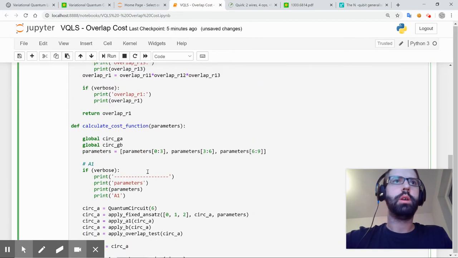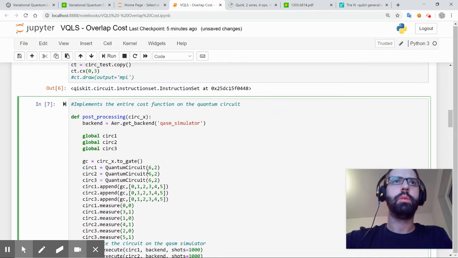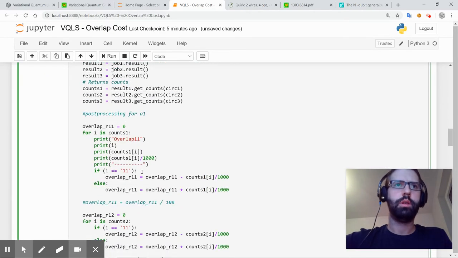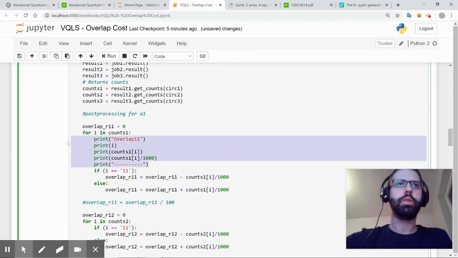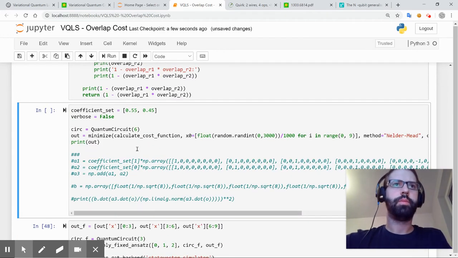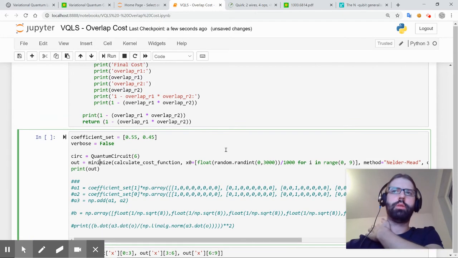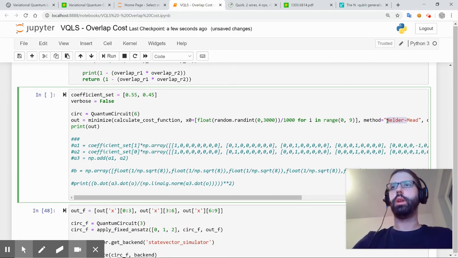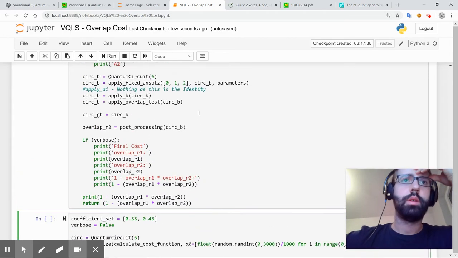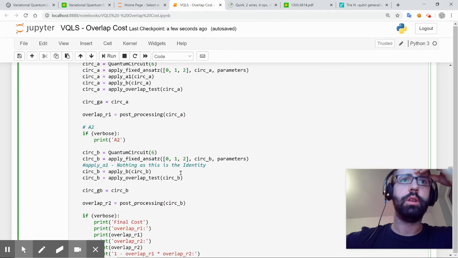Could this be, let me remove these extra prints in here, because now we know this works. And let's try this with verbose false. Creating the circuit, we're using Copilla, I think, right? So I'm gonna just change these here.